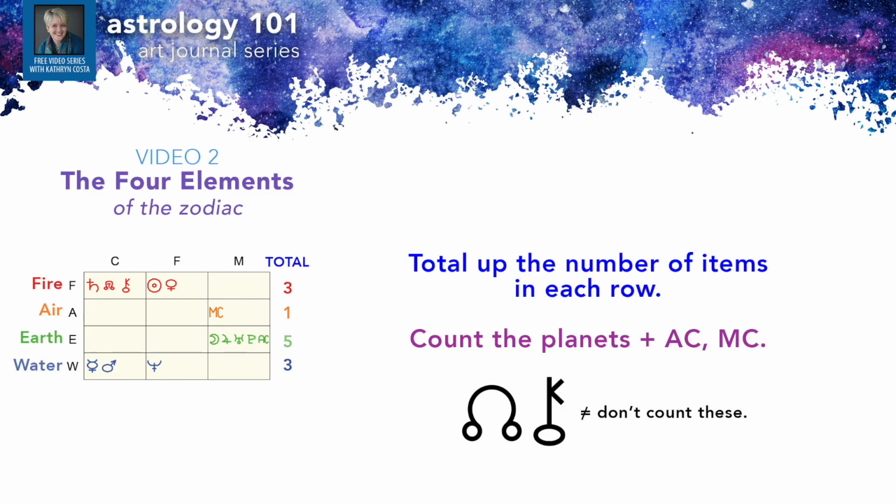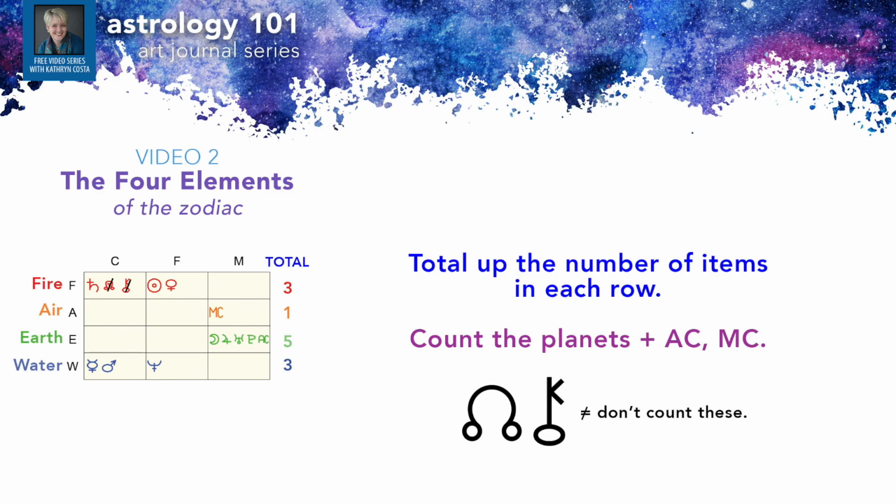You're going to count the planets, the sun, the moon, the AC, the MC, but don't include these two symbols. The one on the left is your true node, and the other one is Chiron. In the example here, you can see how those both show up in that first row, giving me a total for fire as 3, 1 for air, 5 for earth, and 3 for water.